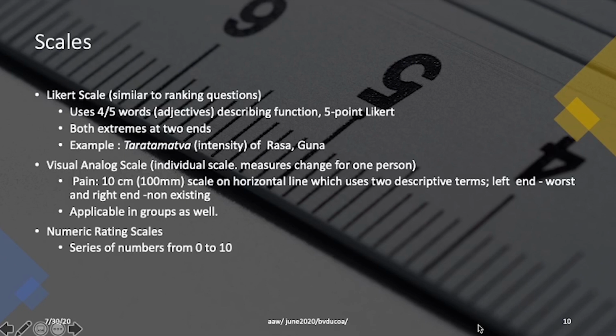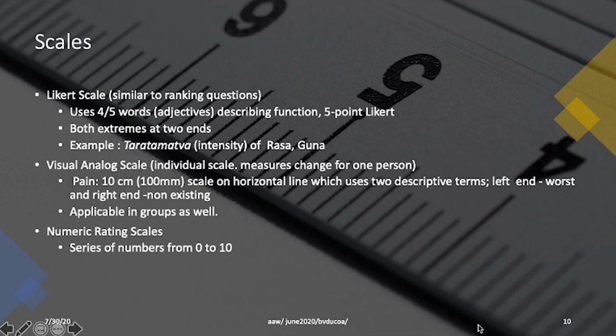So freezing cold is the extreme on the left-hand side, and extremely hot is the extreme on the right-hand side. And then freezing cold, cold, warm, hot, and extremely hot. These 5 terms describe the scale to measure the temperature of any substance. So both extremes are put at both ends and the scale is employed.